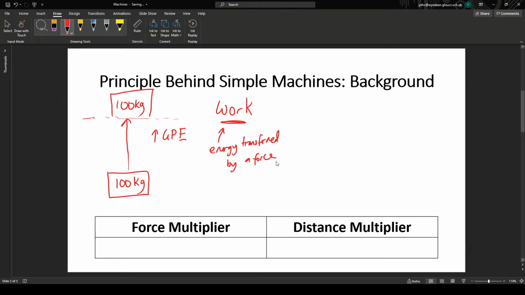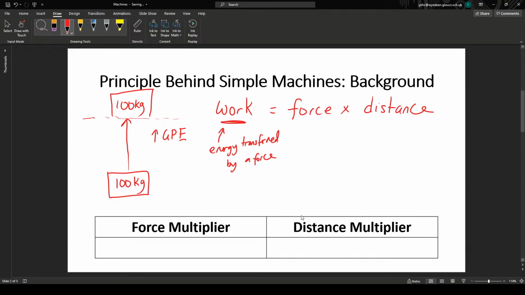But it means the same thing. All work is just energy transferred by a force. And how much energy you transfer is going to depend on how much force you use. And it also depends on how far that force is acting.